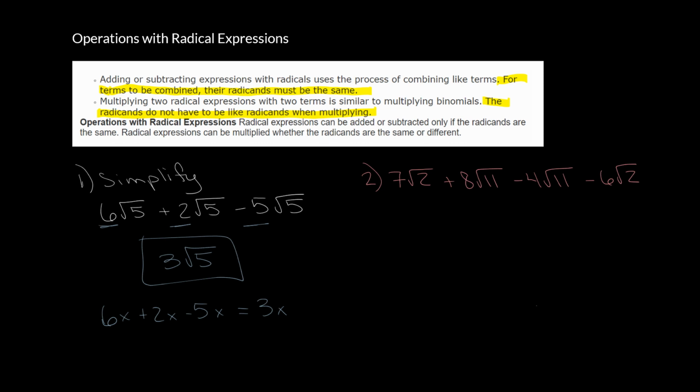So number 2, when I'm combining like terms, I have 7 square root of 2 minus 6 square root of 2. That would be 1 square root of 2, or just the square root of 2 because the 1 is assumed. And then 8 square root of 11 minus 4 square root of 11. So 8 minus 4 would be positive 4 square root of 11. And that is your answer.